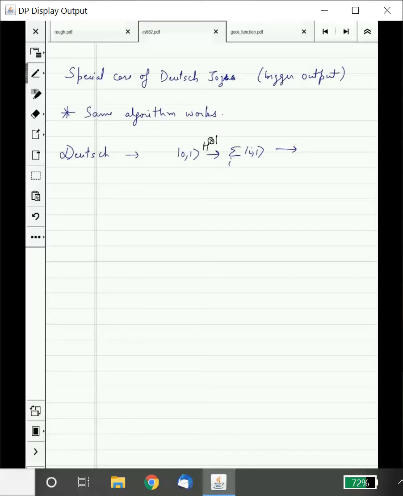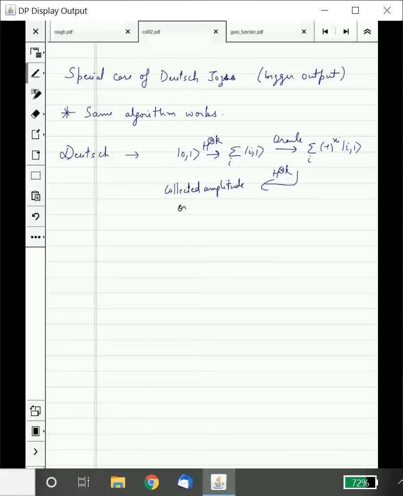Then we queried. This gave a phase. And then we again applied Hadamard. This collected the amplitude on 0.